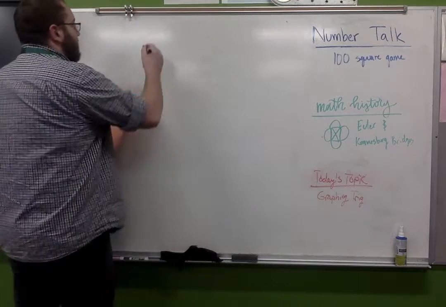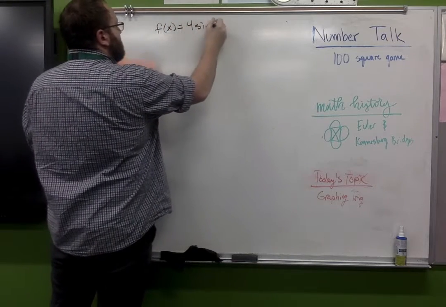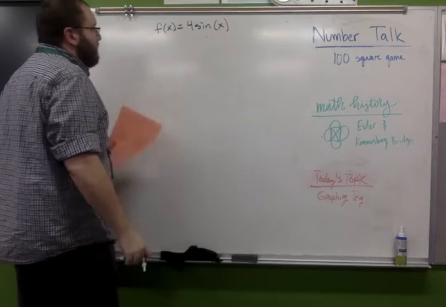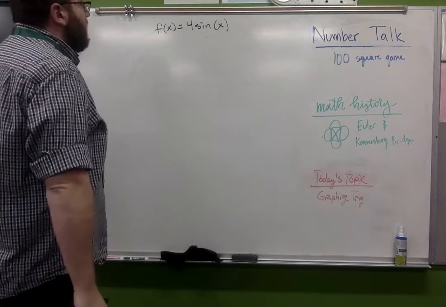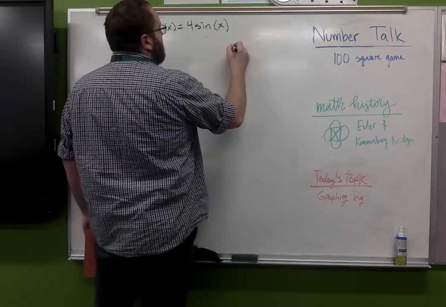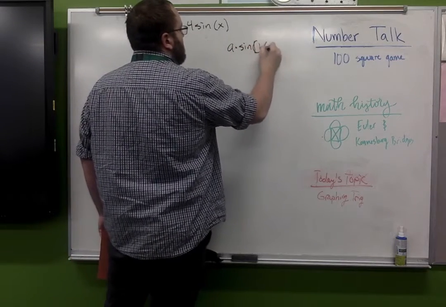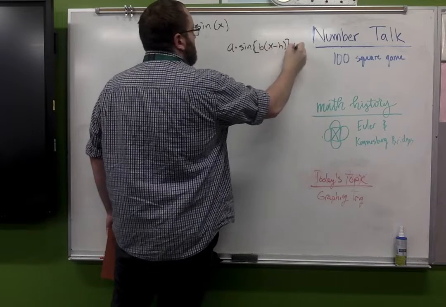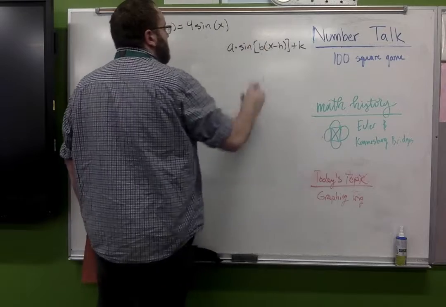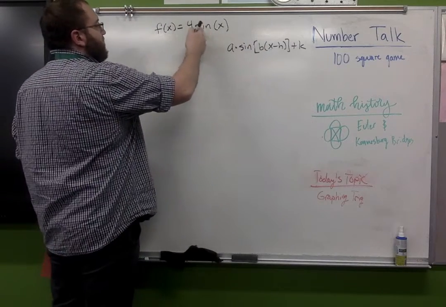Anyways, so we have f of x equals 4 sine of x. Remember our generic function is that one. Here, the only thing that's changed is our 4.